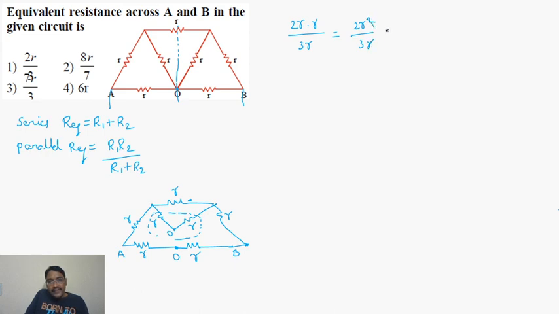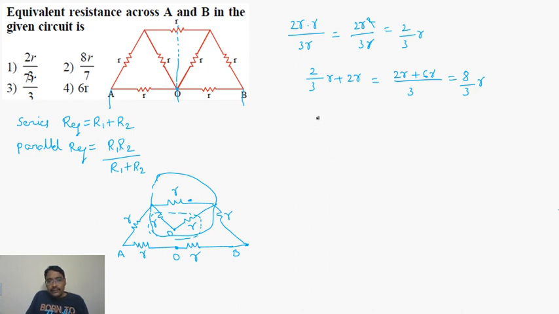R and R will get cancelled, which is equal to 2 by 3 into R. Okay, so now this combination is in series with these two resistors, R plus R, 2R. So 2 by 3 R plus 2R, where the LCM is 3: 2R plus 6R by 3, which is equal to 8 by 3 R.